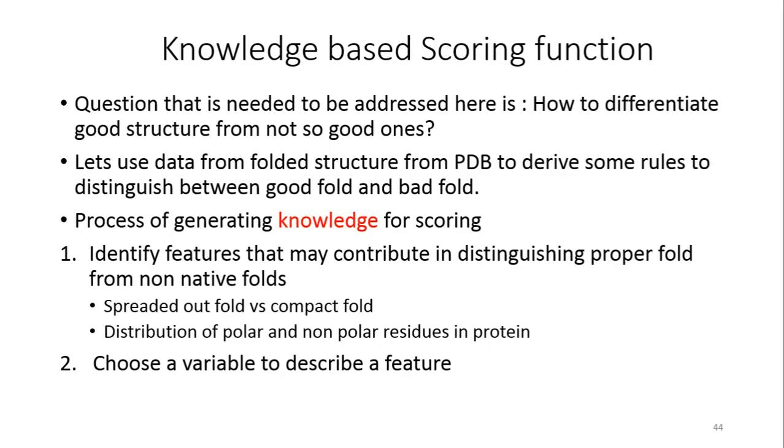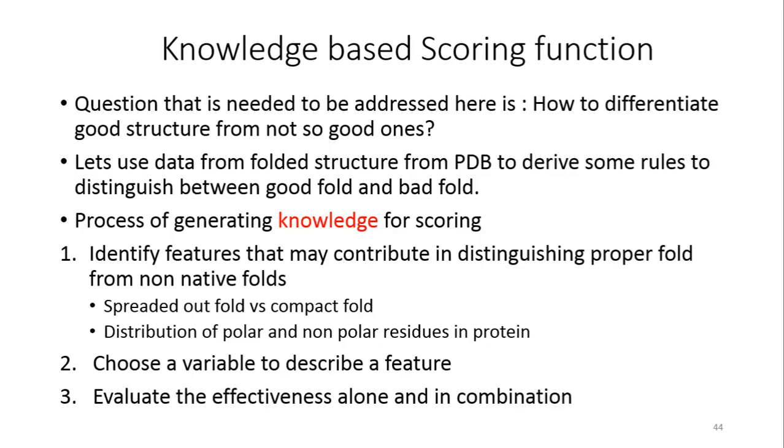We might generate some accessibility profile for determining the residue distribution. We might create a hydrogen bonding profile in a similar way. The overall idea is to quantify those features in order to use them for scoring.